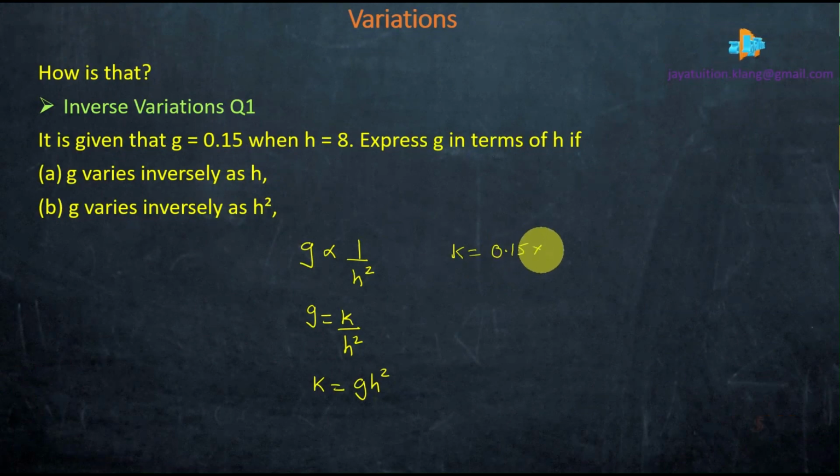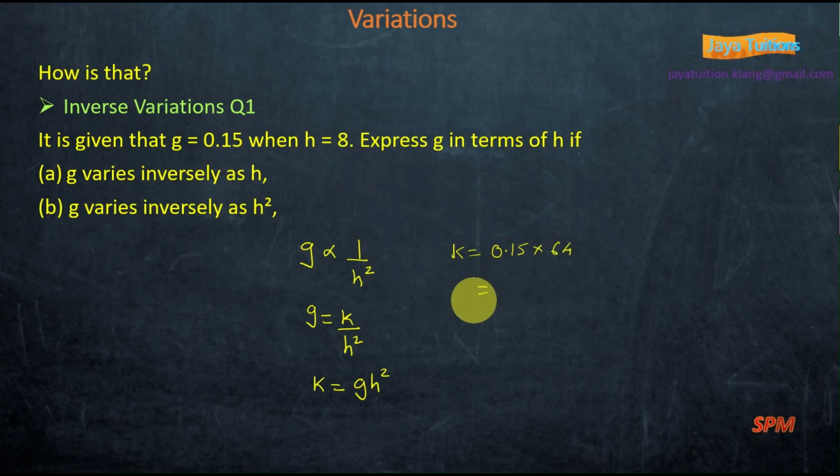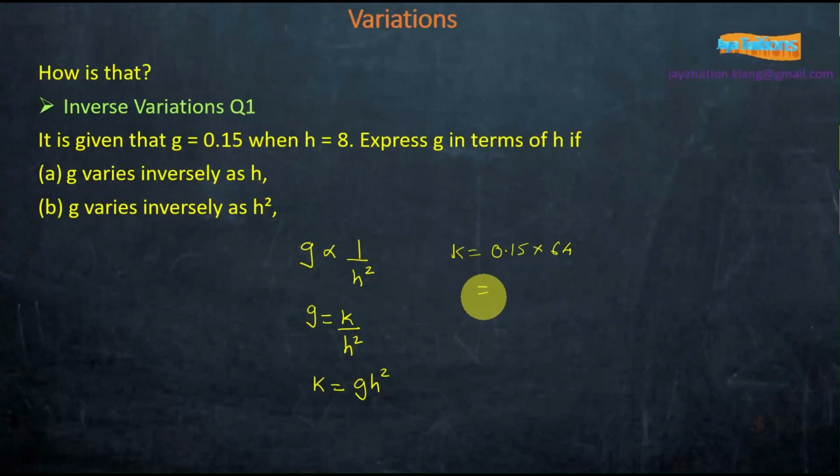k is equal to 0.15 times h square. h is 8, 8 square is 64. So we can find the value over here. 0.15 times 64 gives me the value of 9.6.